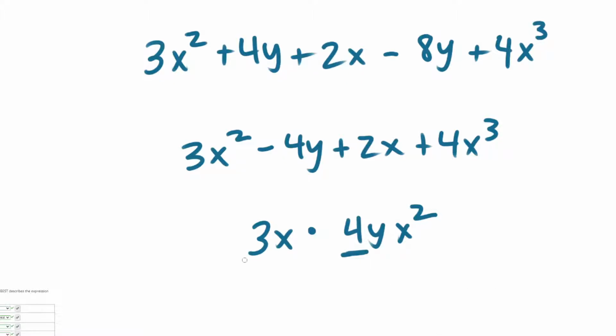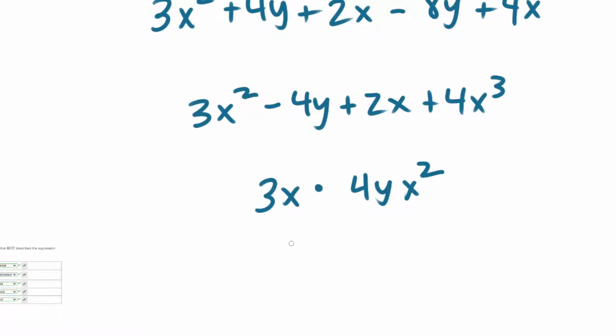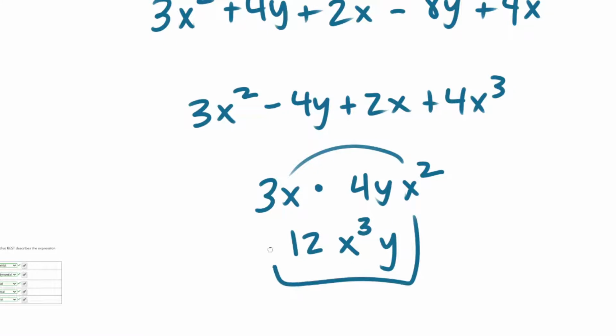They're like 3 or 4 or 15, anything that's a number. So we'll multiply these together first, and that will give us 12. Then we look at the x's, and that will give us x cubed, and then we add the y. The only things that really combine are the matching things.